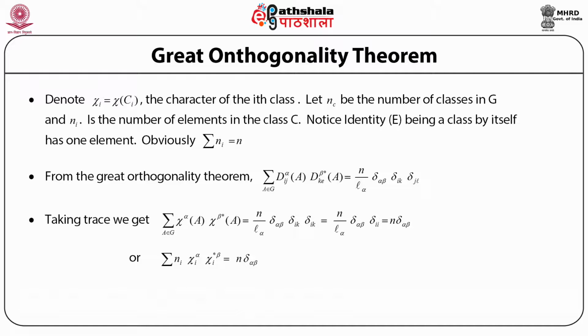Or in other words, the sum over classes of Ni times the character of the ith class of the representation D alpha, multiplied by chi i star beta, the character of the ith class in the representation beta, is equal to N times delta alpha beta. This is the great orthogonality theorem for the characters.